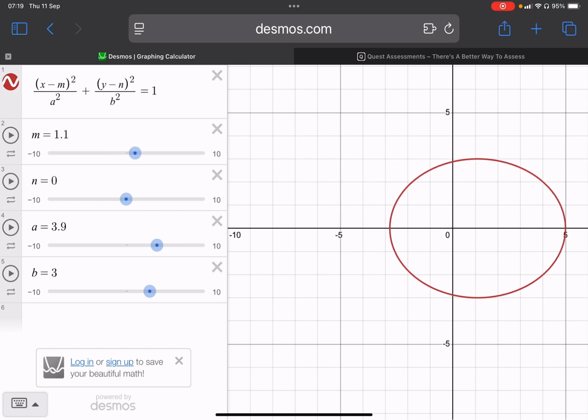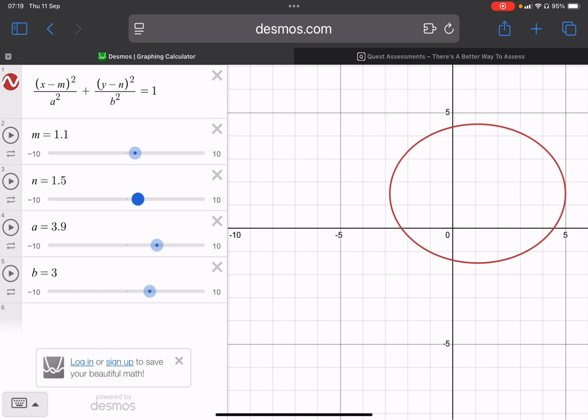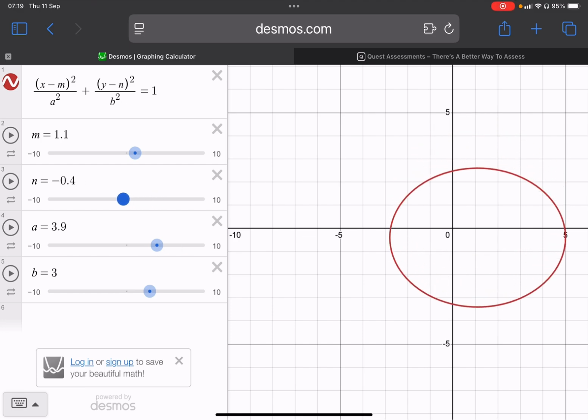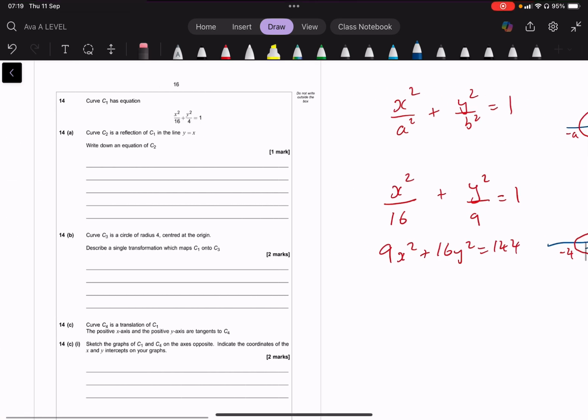Let's put it there, and then let's move it up and down the y-axis. So that's inside the bracket, and we're going to move it up and down like that.